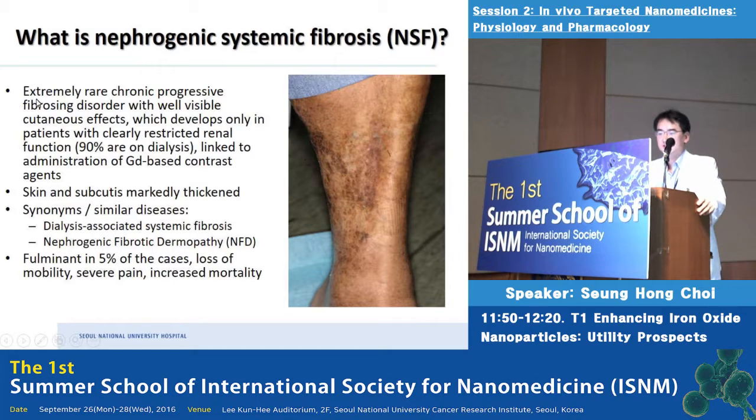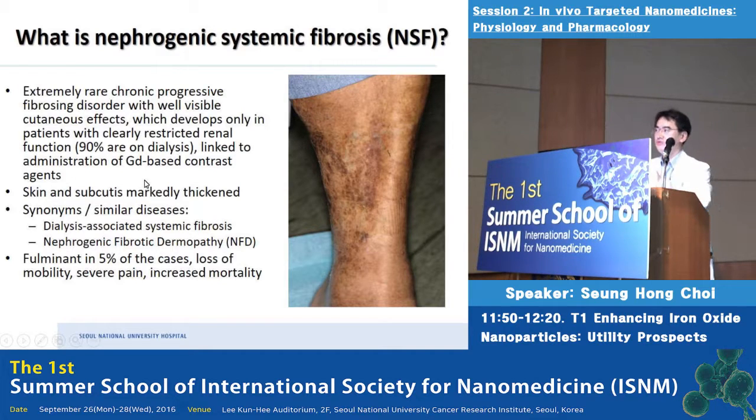It is an extremely rare chronic progressive fibrosing disorder with rare visible cutaneous effects, which develops only in patients with clearly restricted renal function. It means abnormal renal function linked to injection of gadolinium-based contrast agents.